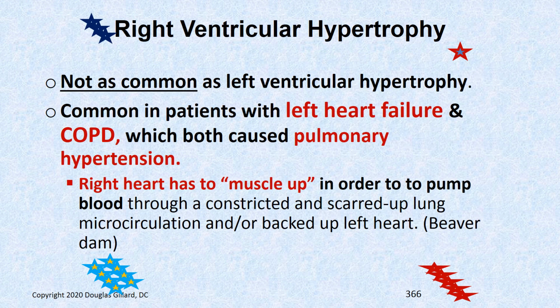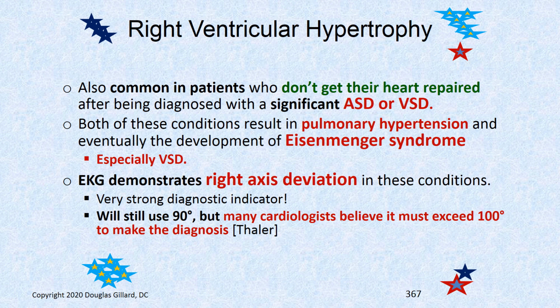So yeah, right ventricular hypertrophy is not as common as left ventricular hypertrophy. It's common in patients with left heart failure, though, everything I just said a second ago. Also common in patients who don't get their ASDs repaired.